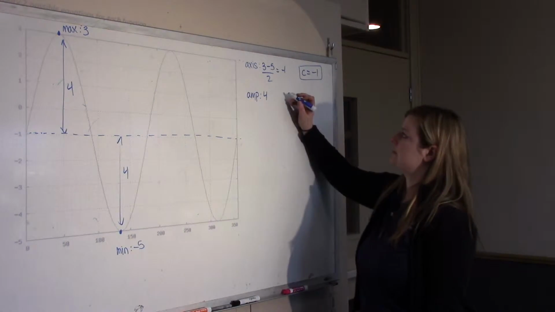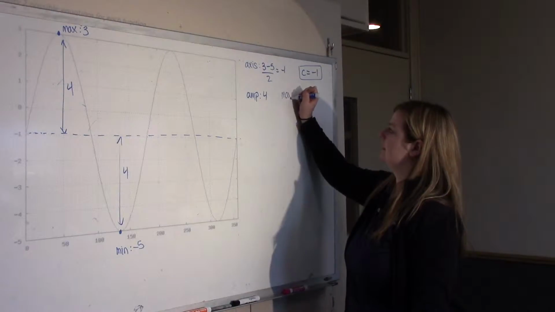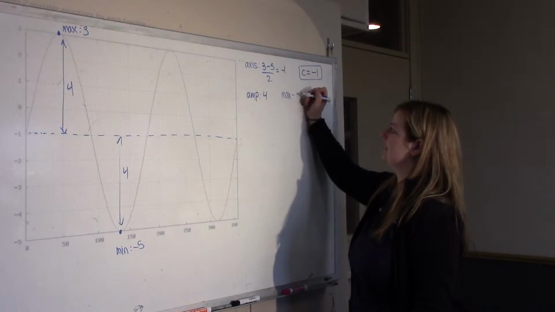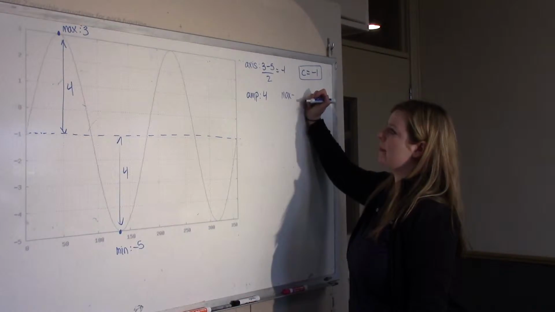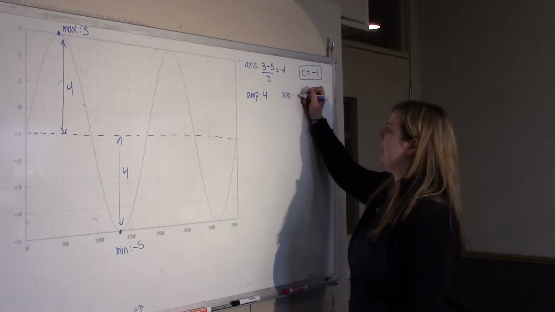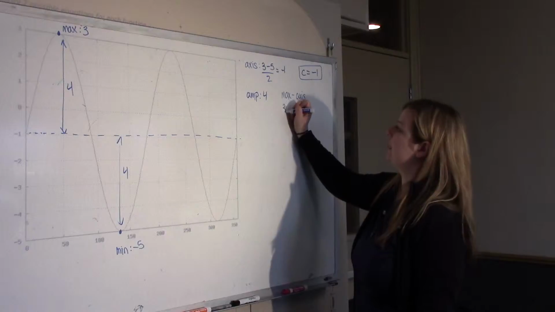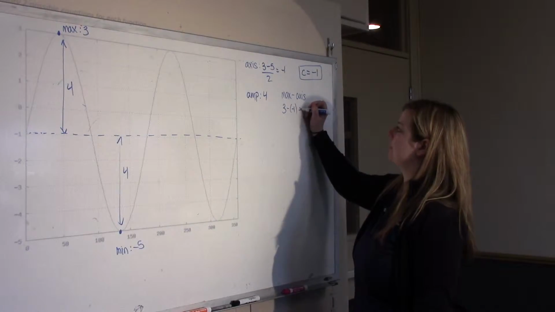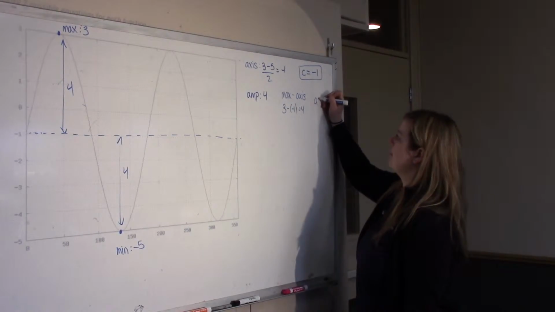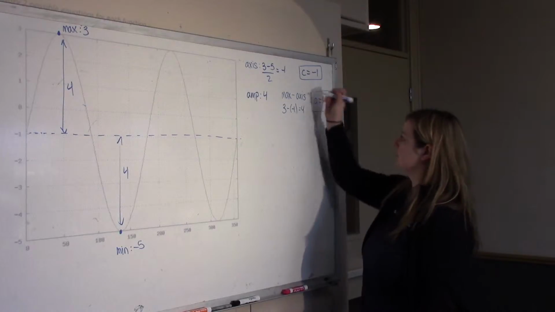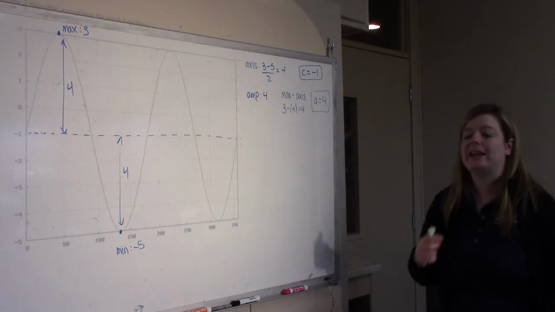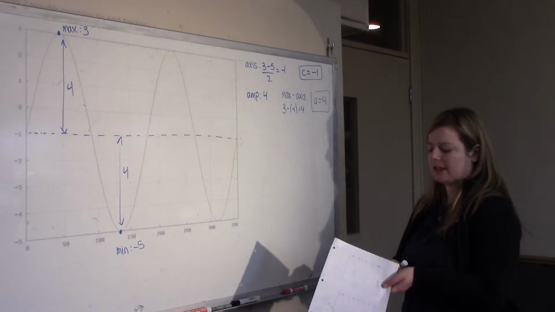Okay? You can also just do the max minus the axis to figure that out. So 3 minus -1 is 4. Okay? So now that means our A value is 4. So now we already have 2 of the 4 parameters that we need.